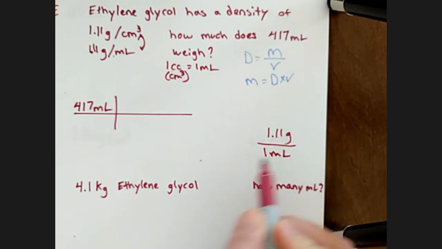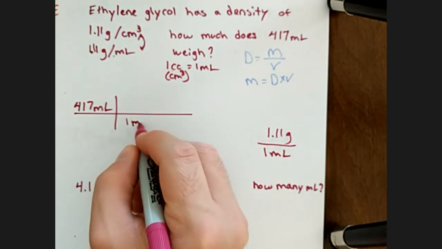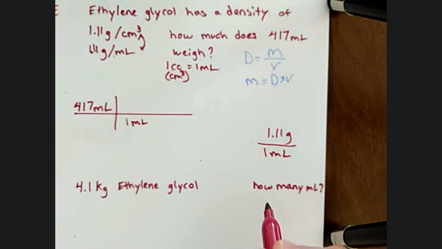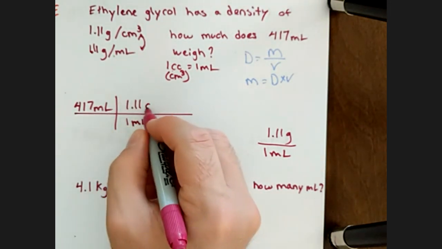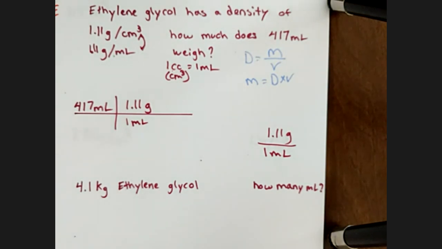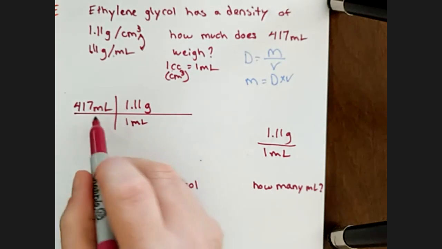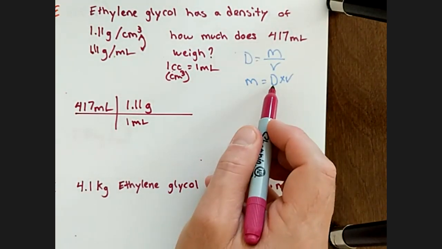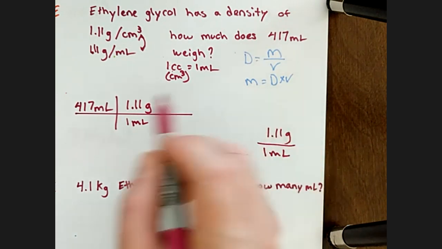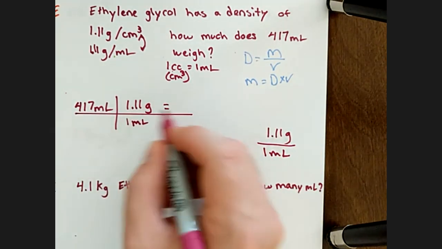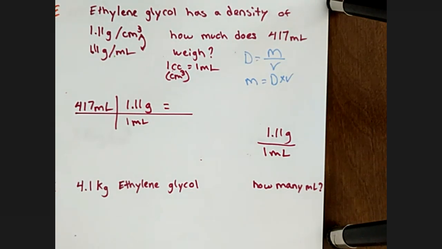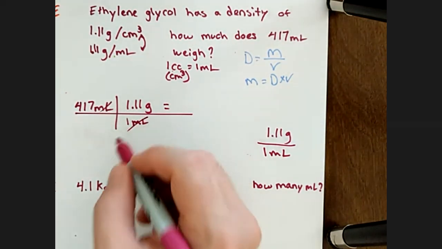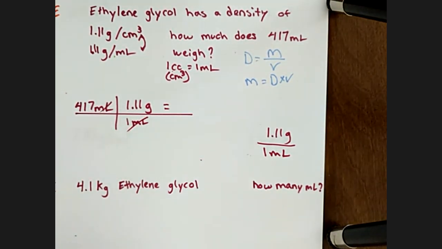So now the 1 milliliter is the bottom relationship, and 1.11 grams is the top relationship. What do we have here? We have volume times the density, which is exactly what we would have expected over here. Volume times density equals the mass. So the milliliters go away, leaving me with my mass.